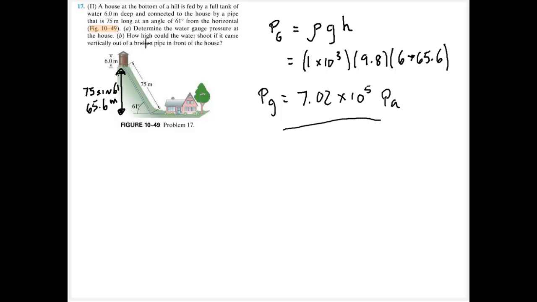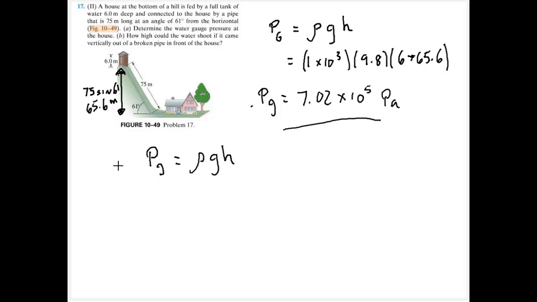pascals. How high would it come shooting out if the water pipe broke at the front of the house and we ignore friction and all that good stuff? Well, in that case, all of that pressure, all that gauge pressure, is simply going to go back into the height.